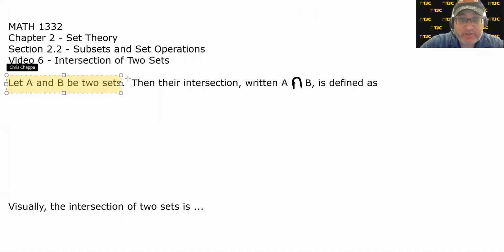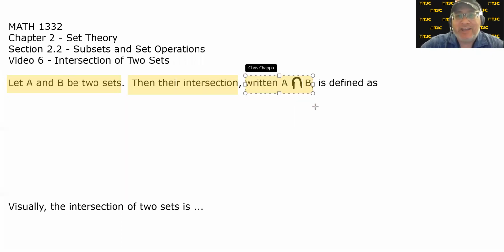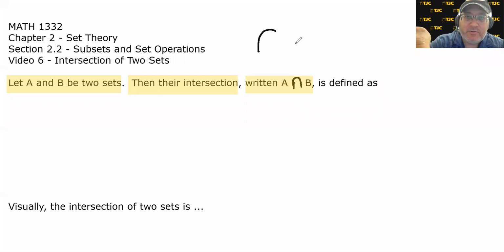So we're going to take two sets. Then their intersection, the symbol for intersection looks like an upside down capital U. That one's not drawn too well, but if I were to redraw it, it would look something like this. That's the symbol for intersection. Kind of looks like a lowercase n, as in intersection. Their intersection is written this way, and you can read that as A intersect B, as a verb instead of a noun.